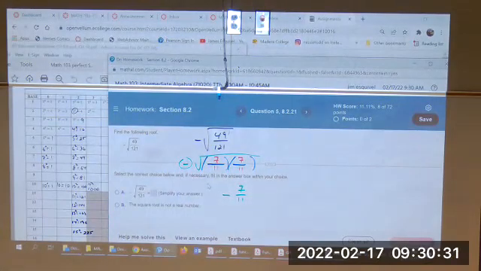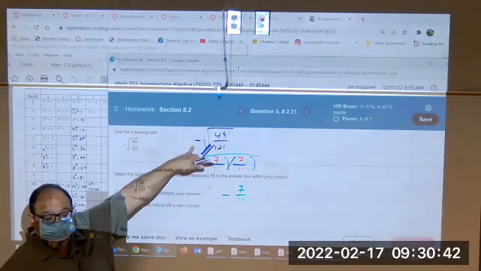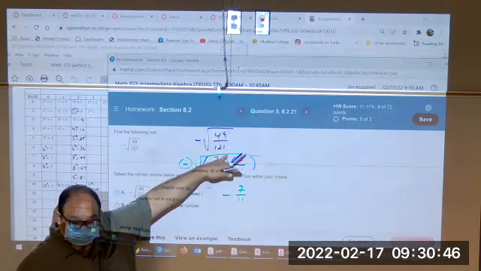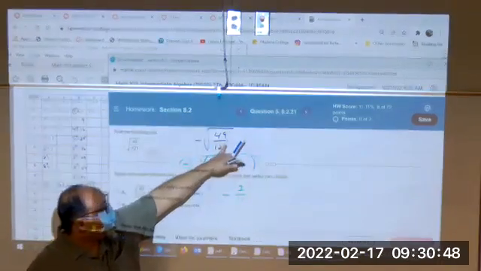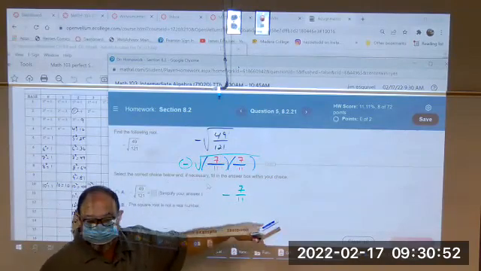What times itself? 7 over 11 times 7 over 11. But it's negative because the negative is on the outside of the radical. It's asking the opposite of this answer. So the opposite of square root 49 over 121 is the opposite of 7 over 11. Negative 7 over 11.